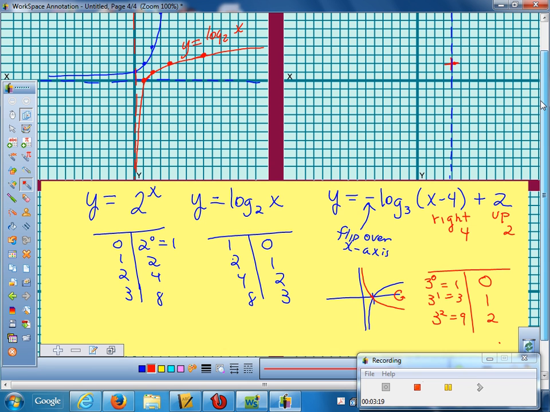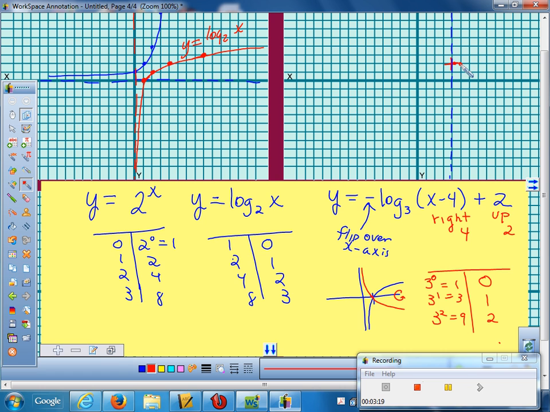So from this point, this says go 1, 0. It's going to look like this red one we drew down here on this graph. Whereas exponential functions always had a point at 0, 1, up 1 from the origin, logarithms always have a point 1 horizontally from the origin. So we're going to be over here.